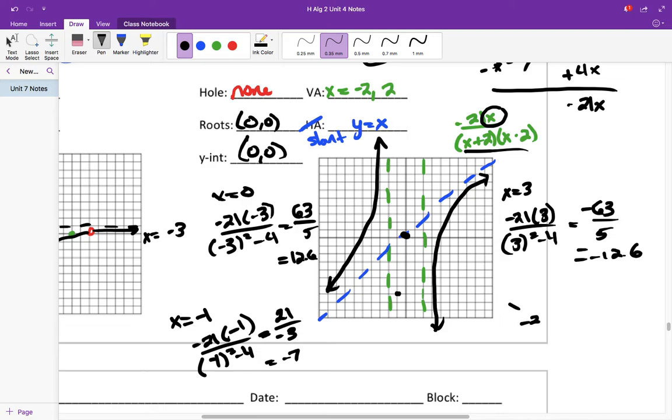If I test x equals +1, I end up with -21 multiplied by +1 over 1 squared minus 4. That becomes -21 over -3, which reduces to +7, which gives me a point right here. At which point now I can start to see that my graph is going to be the second of those two options we were considering, which is going to be similar to a cubic shape in the middle of our graph.